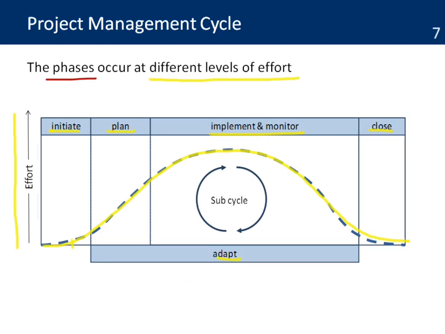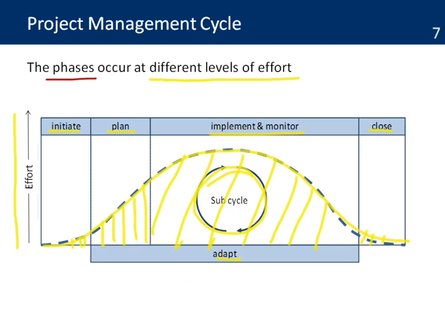During initiation, we might have a little bit of effort. Planning requires more work. Most of the work happens during the implementation and monitoring of the project, where we have the cycles and subcycles, and then a little bit of effort is done during the closing phases.